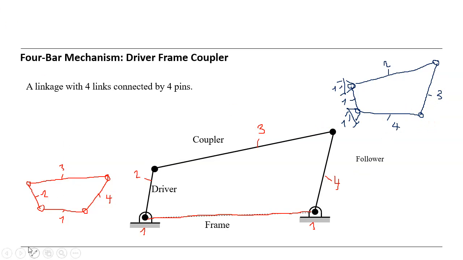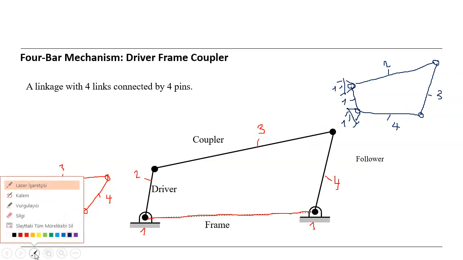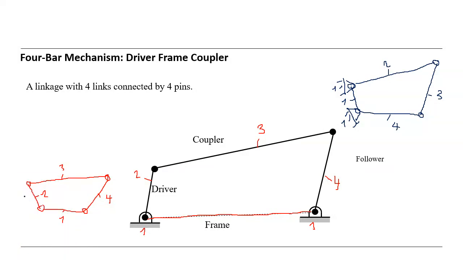Okay, so then let's continue after explaining that. So we said this is the driver. What does driver mean? Why driver? This is the smallest or shortest link. So driver means we drive it, we rotate it. Let it rotate with the angle theta, counterclockwise.